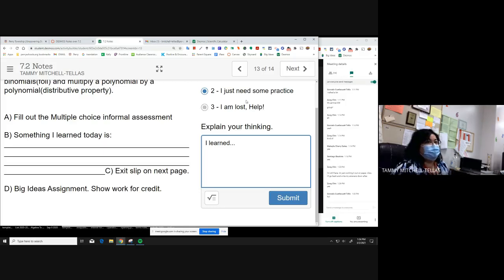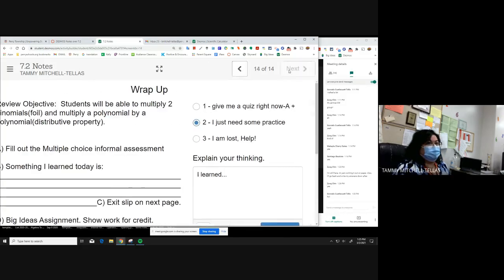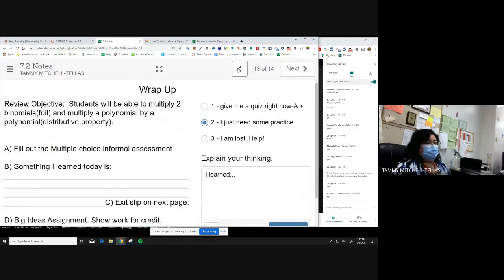Okay, then the last thing I want you to do is this problem right here. I want you to come up with the answer here in this text box or this writing box. Explain your steps when simplifying. Write or type your answer. And then you can start your big ideas assignment.